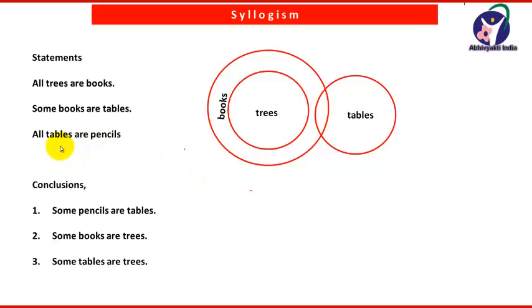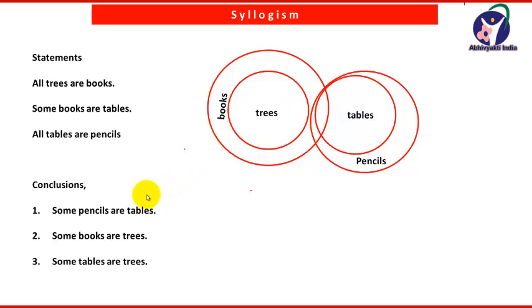Now the third statement is all tables are pencils. So the tables will be inside the circle of pencils because all the elements of tables are in the set of pencils, and therefore we can draw the table circle inside the pencil circle.